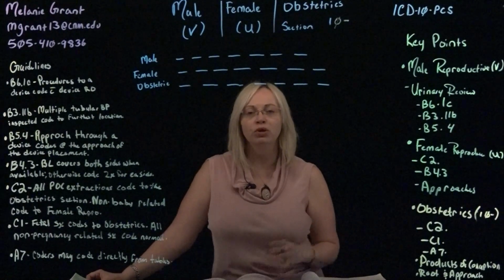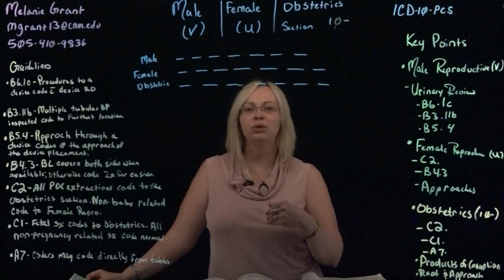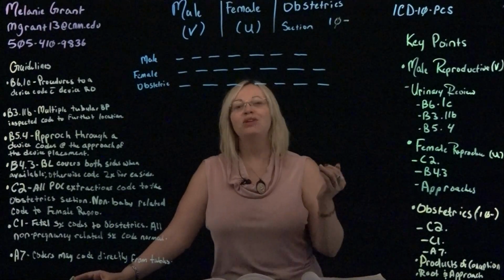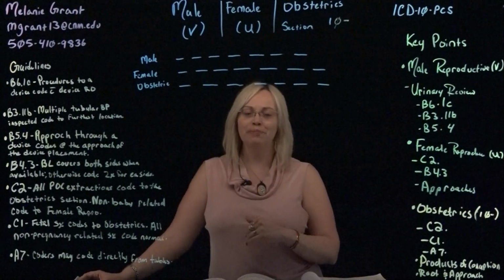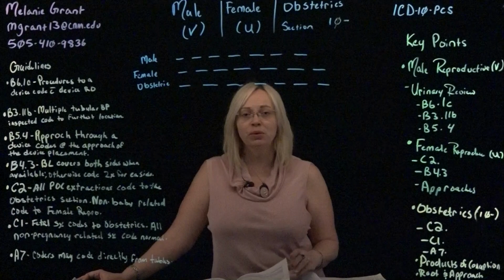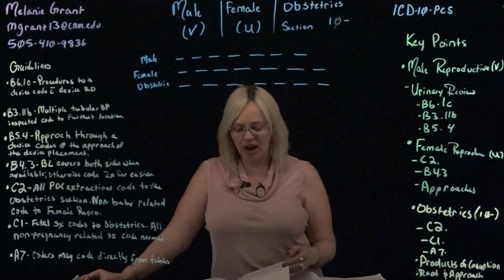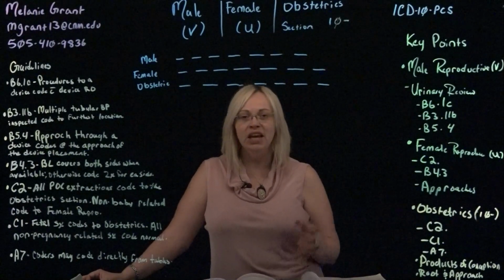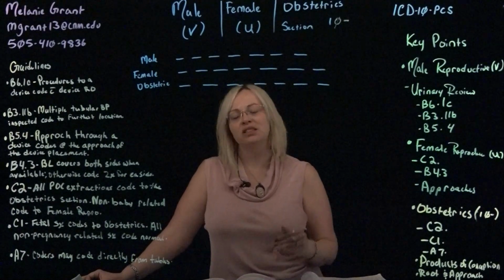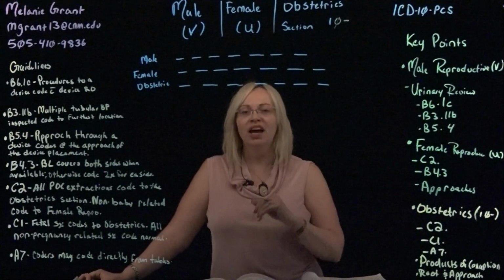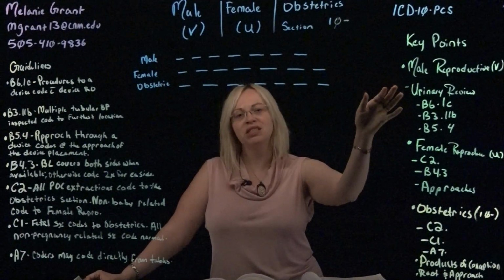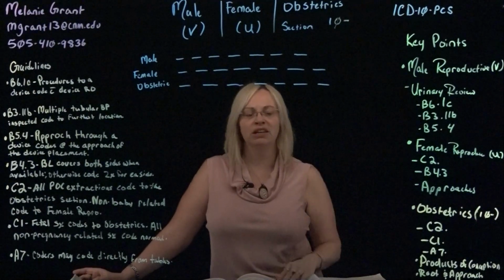So if we go through the urethra and then down into the seminal vesicle and vas deferens, perhaps going into the epididymis or somewhere else within the testes, then you're going to code as the inspection to where you ended up, and that's going to fall within the male reproductive system, even if you may have started in the urinary.